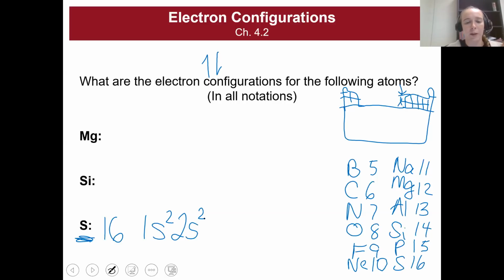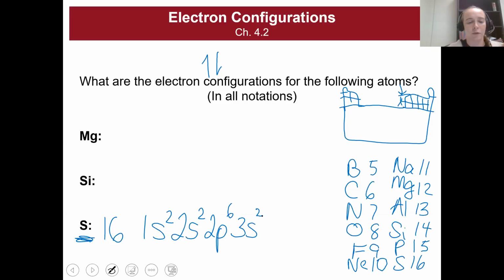Okay, and then we've got 2p, and there's three 2p orbitals, so that means 6 electrons can go in there. So we're going to fill those up first before we go on to 3s, which has another 2 electrons. So how many do we have so far? 2, 4, 10, 12.